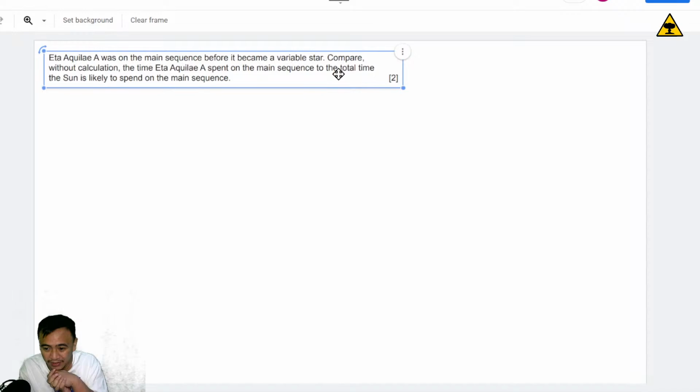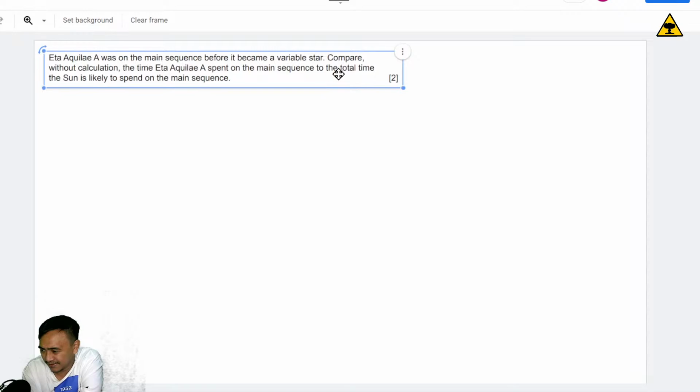Which stars become giants much faster? Massive or light stars? Just giants. Which ones become giants faster? Heavy, bigger stars, right? Okay.